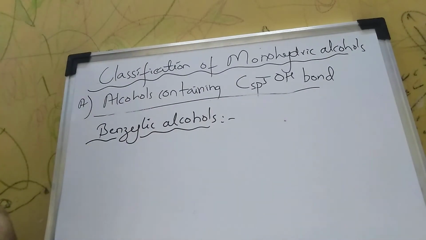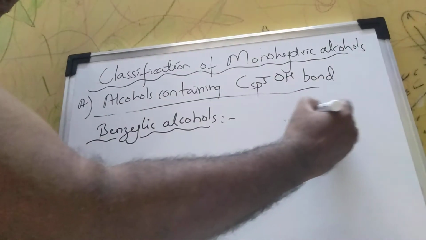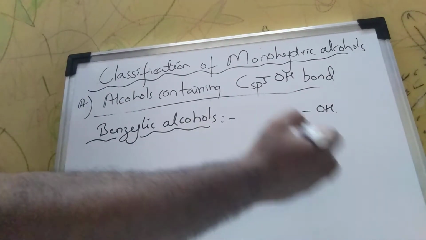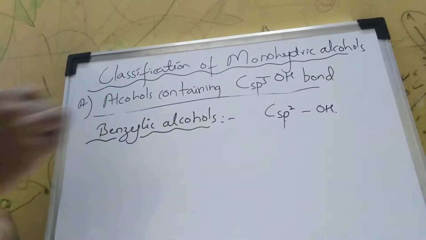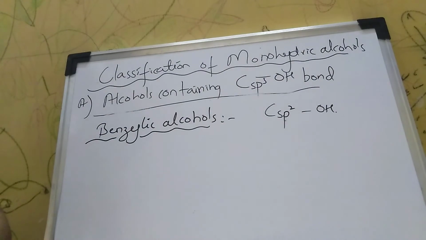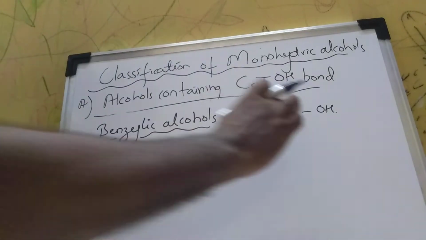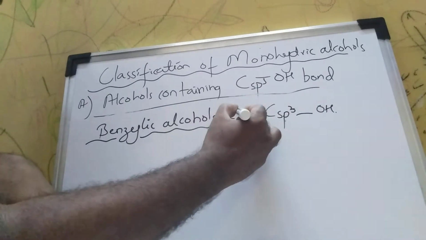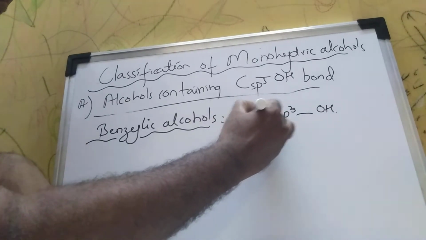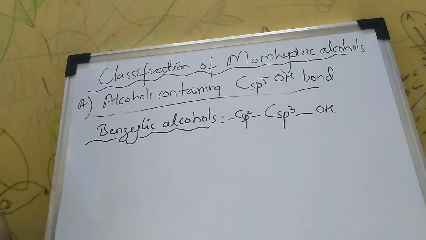Alcohols, we've already done, the OH group, but here the OH group is attached to an sp3 carbon, which in turn is attached to an sp2 hybridized carbon atom.